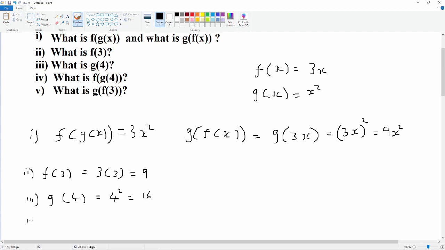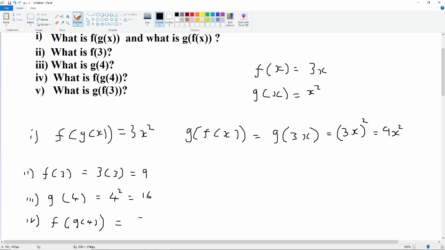Okay, so let's do part 4. What is f of g of 4? Well, we don't need to do much with this because we already know that g of 4 is 16.